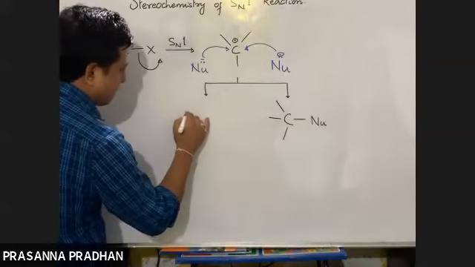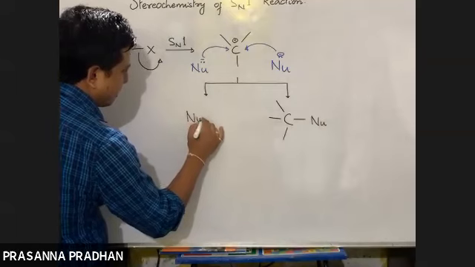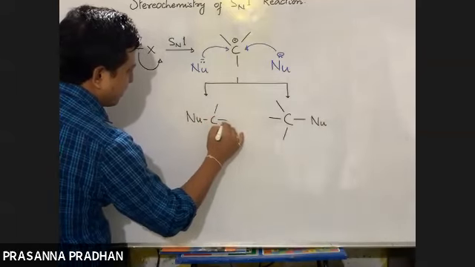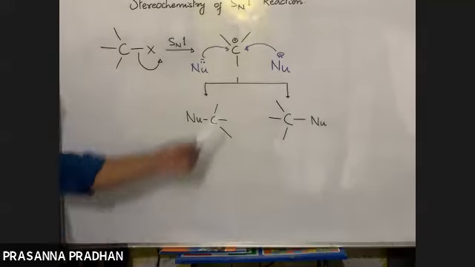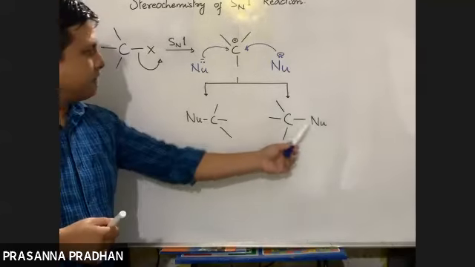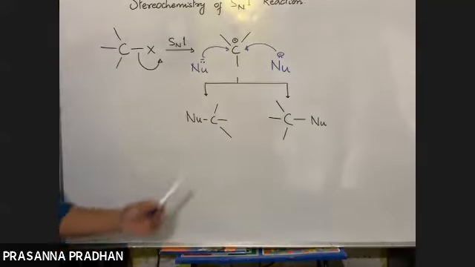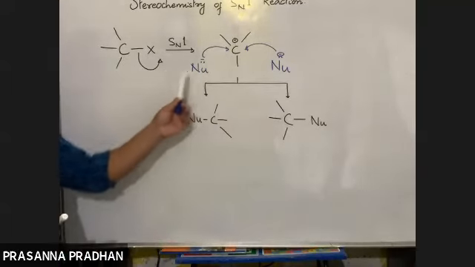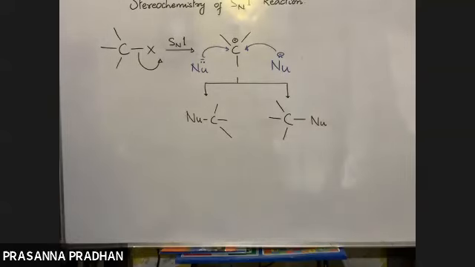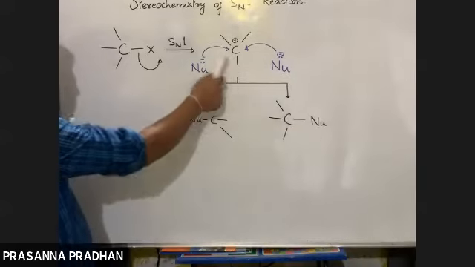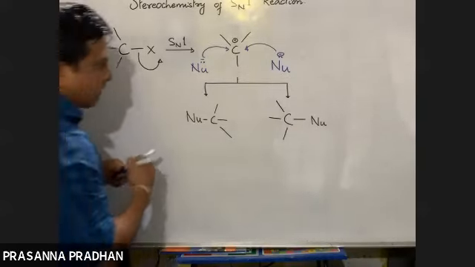In that case, we get this product. So the nucleophile can attack the carbocation from the same side of the leaving group, giving this product, or from the side opposite to the leaving group, when we get this product.